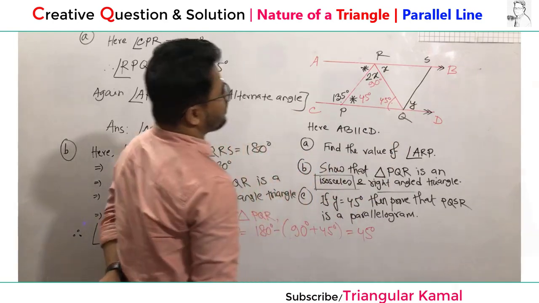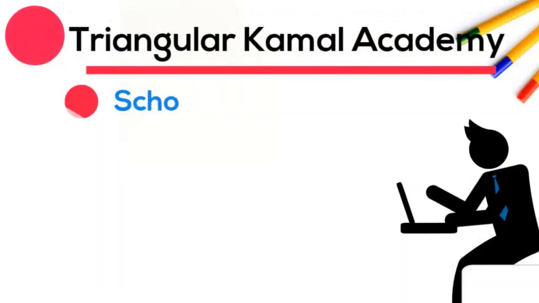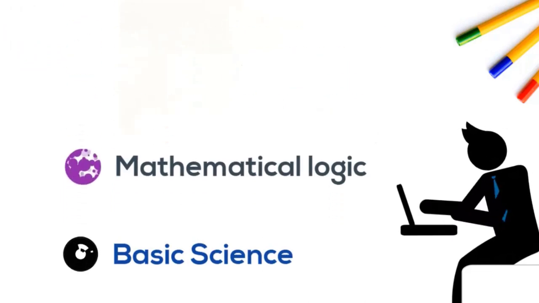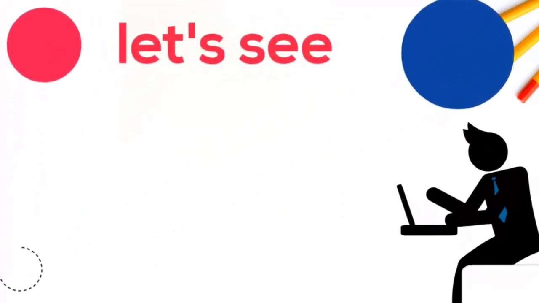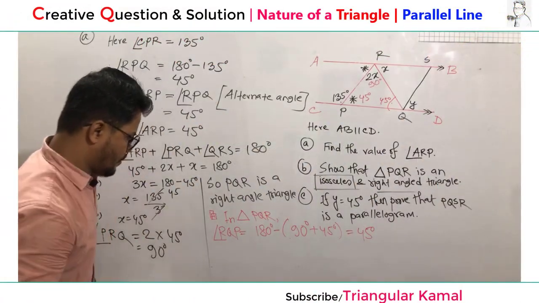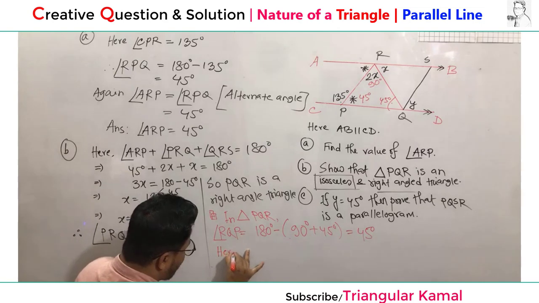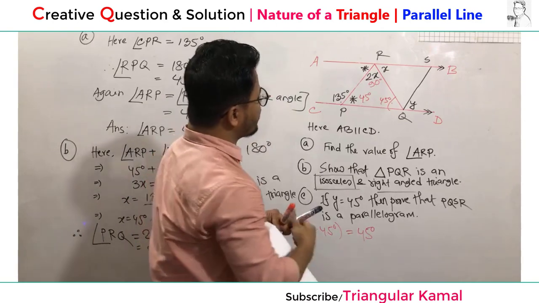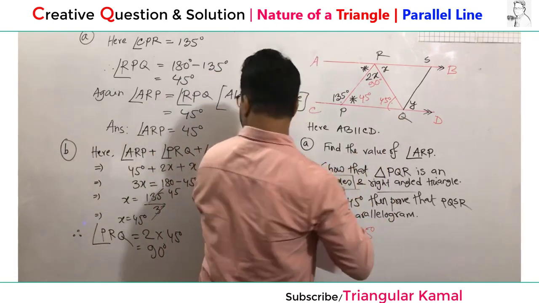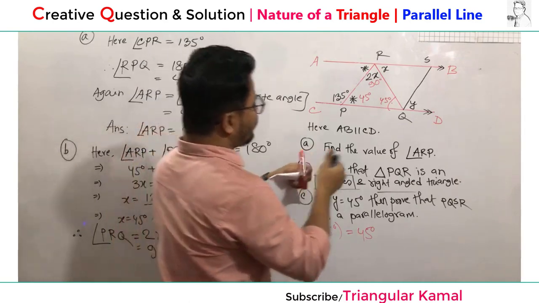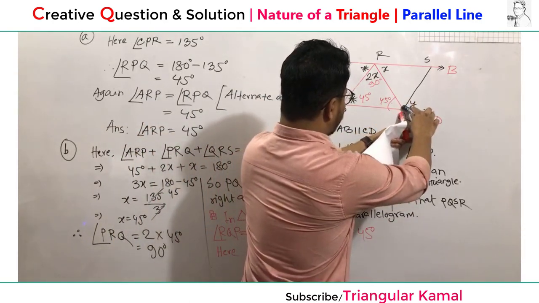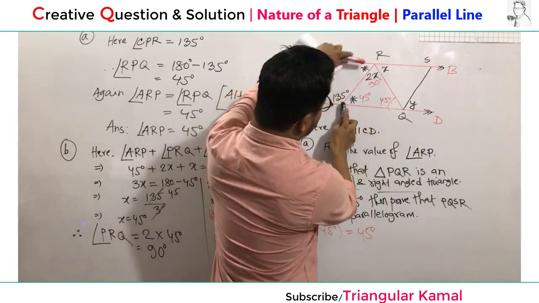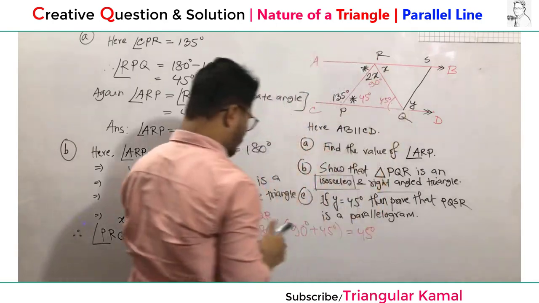So dear students, we will discuss here. This is the 45 degree angle, and now here we see two angles are the same. When two angles are the same in a triangle, the opposite sides of the equal angles are always equal. If we consider this 45 degree angle, the opposite side is PR, and the opposite side of this other 45 degree angle is RQ.